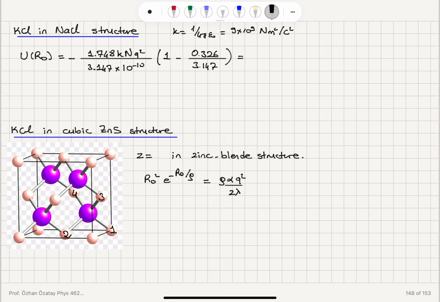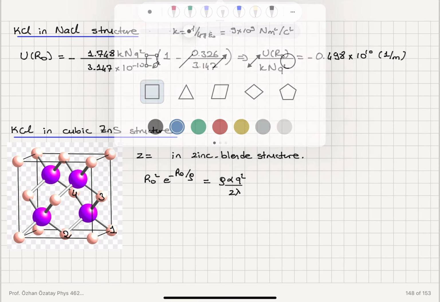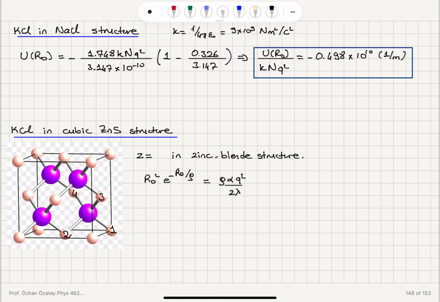We obtain the cohesive energy U of R0 divided by K N Q squared to be minus 0.498 times 10 to 10, 1 over meters. This result is for the sodium chloride structure.